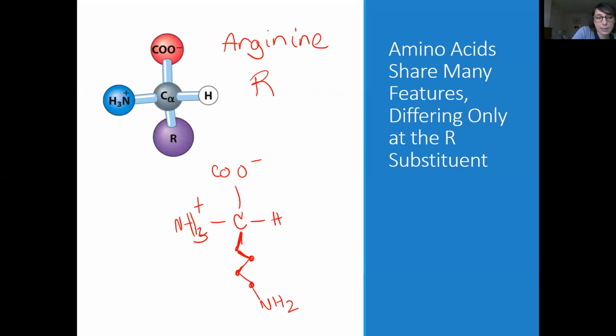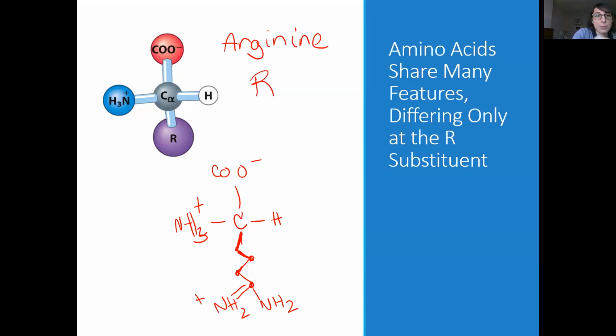And it has a double bond with an NH2 plus. So this again is a charged group, arginine, and we remember it because of the R in arginine for our one-letter code.